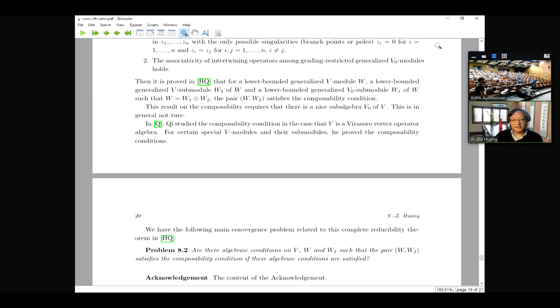And therefore, for a lot of applications, I should emphasize that for the whole representation theory of vertex algebras, our vertex algebra structure, like the grading, especially the grading restriction condition and lower boundedness, plays a really important role. If there's no grading condition, almost no really substantial theorem can be proved. So for the cohomology theory, I think it's the same thing.